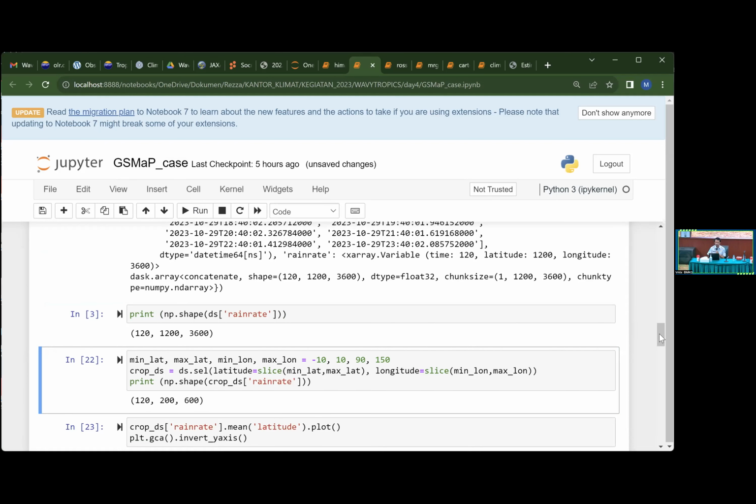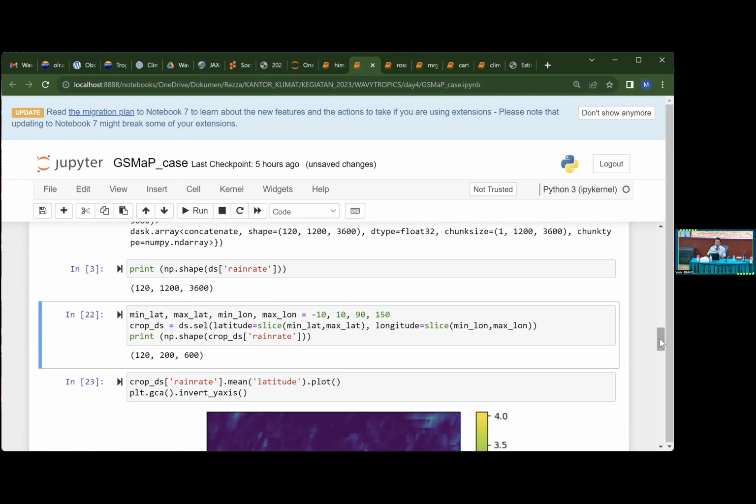And now we want to make a Hovmöller diagram. When you want to make the Hovmöller diagram, you have to define the latitudinal band you want to analyze. For instance, for the Maritime Continent region or Indonesia, it is between 10 south and 10 north.